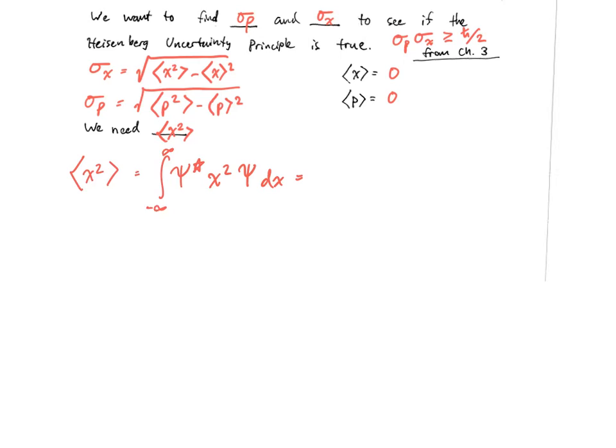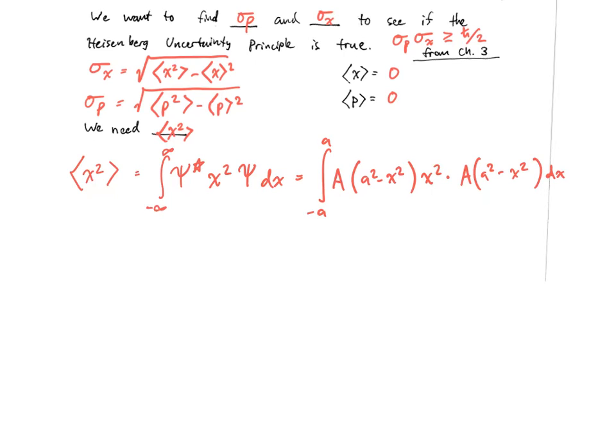And then let's write this out explicitly based on what we know about the function. We can integrate from negative a to a. We've got the normalization constant A, times a squared minus x squared, times a squared minus x squared, dx.